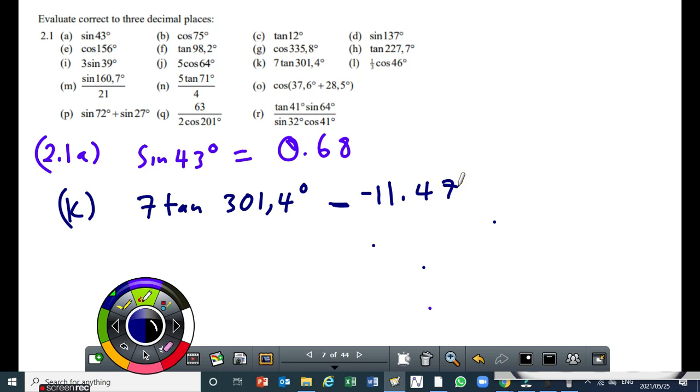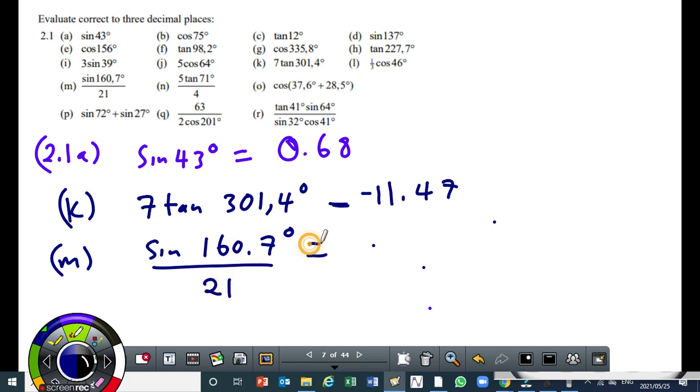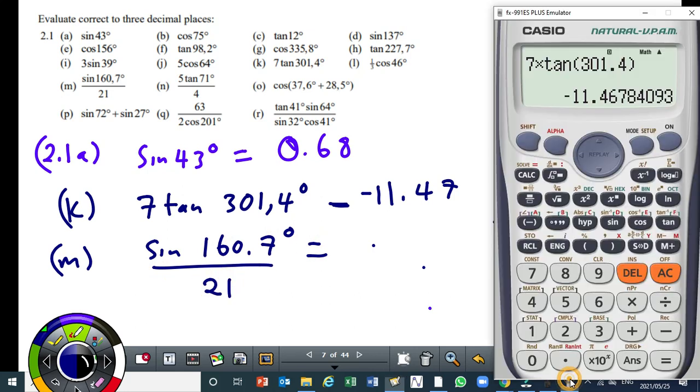Then the next one is question M. Now for M, we have sine 160.7 degrees all over 21.